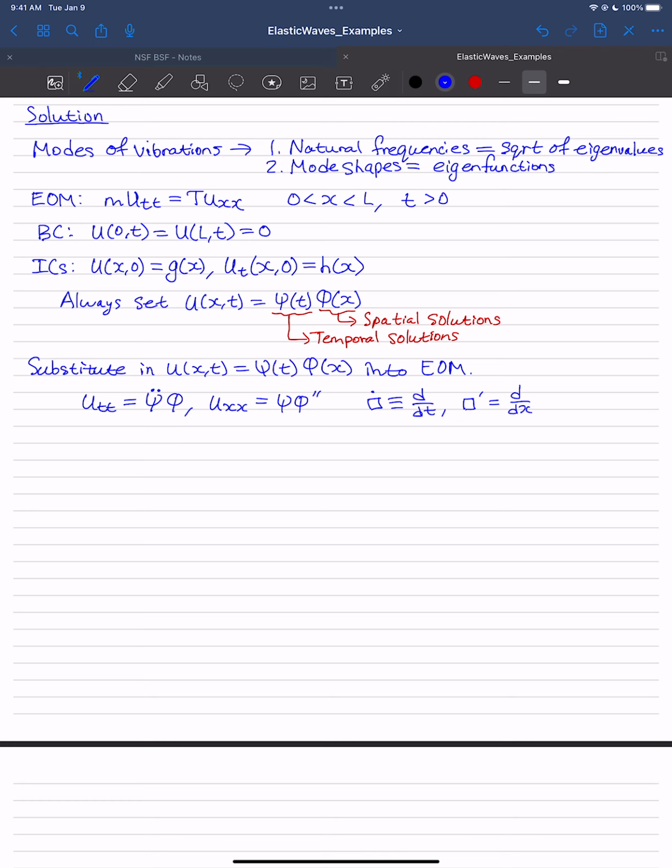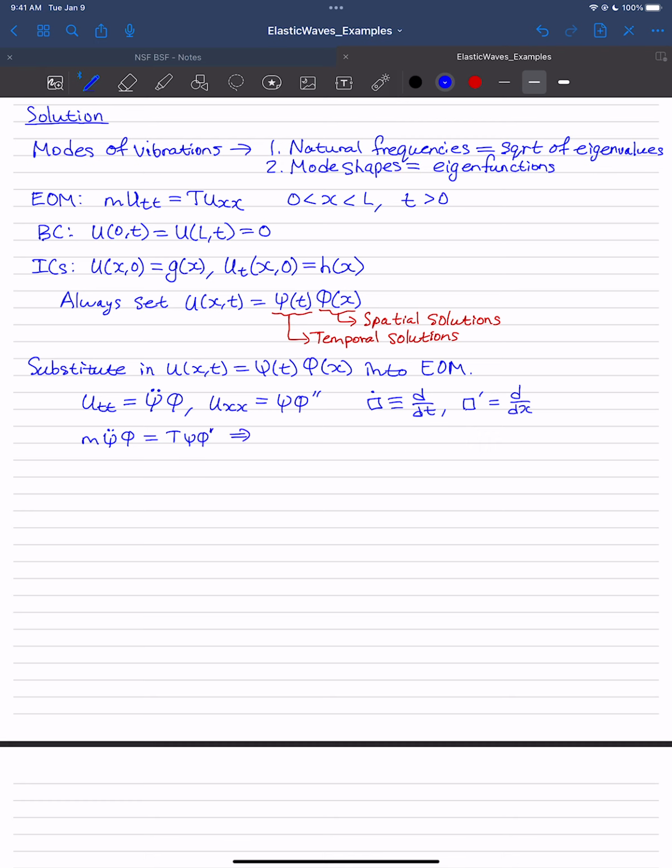Okay, so if we go ahead and plug this in, we will get m times psi double dot times phi is equal to T times psi times phi double prime.